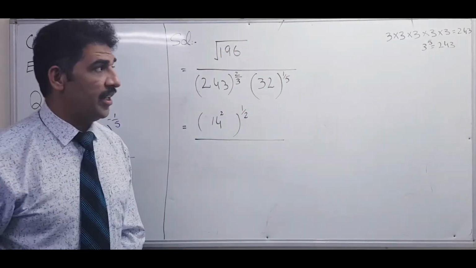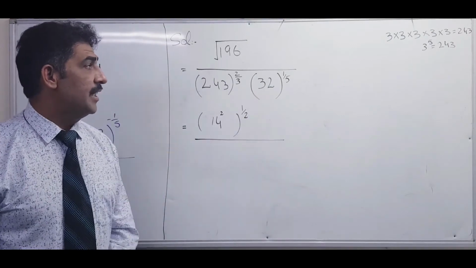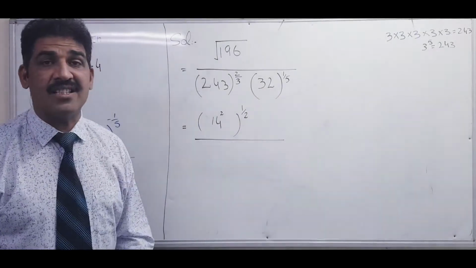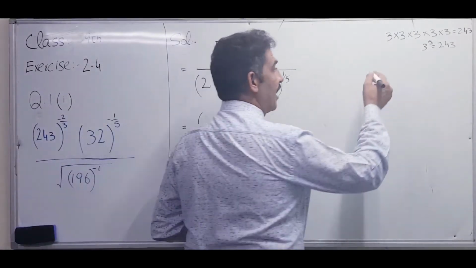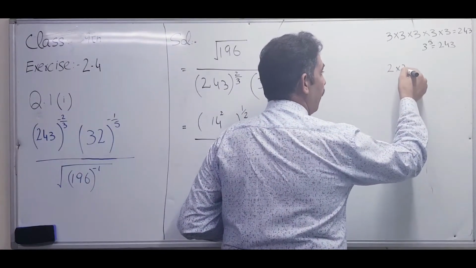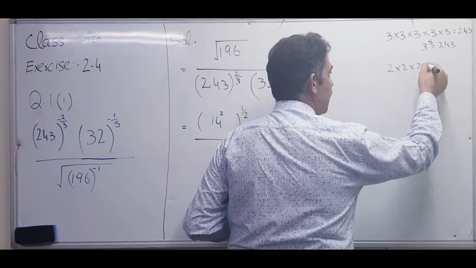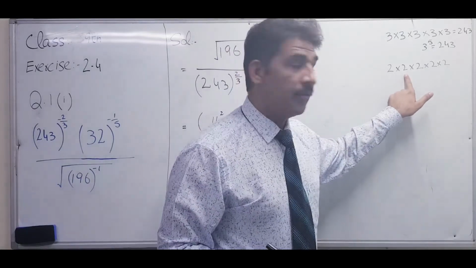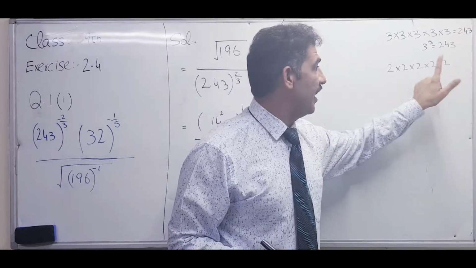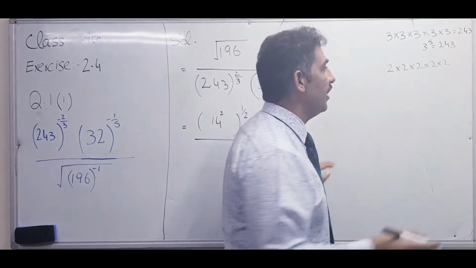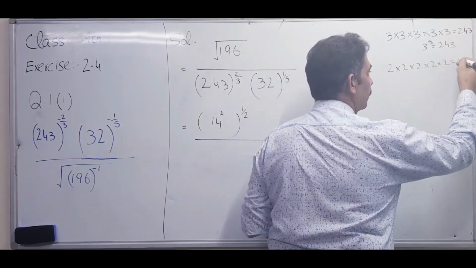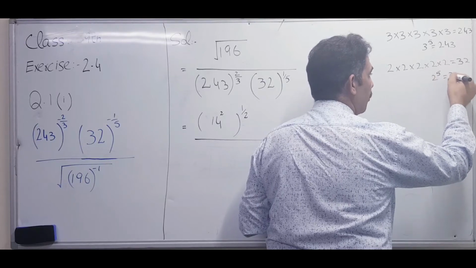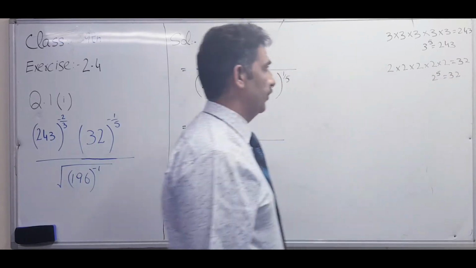In the same way, when you multiply 2 by itself 5 times, you will get 32. 2 multiplied by itself 5 times: 1, 2, 3, 4 and 5. 2 2s are 4, 4 2s are 8, 8 2s are 16, 16 2s are 32. So 2 exponent 5 is also equal to 32.